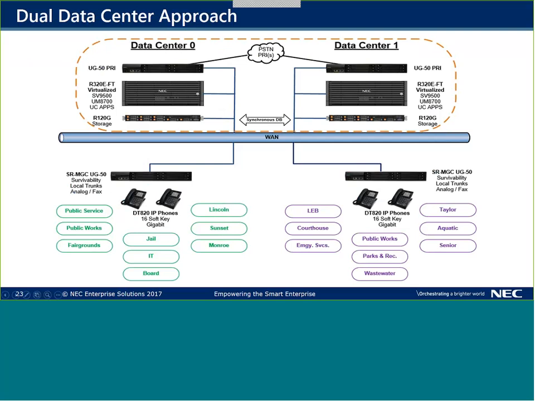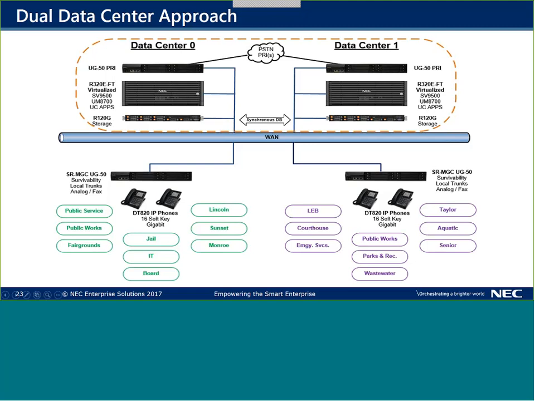So here's just a generic customer approach. This customer is actually a city, and they have various departments throughout the city, different buildings everywhere. They have 2 data centers, and what they've considered doing is using the virtualized or prepackaged model, because they're going to be deploying all new IP phones.